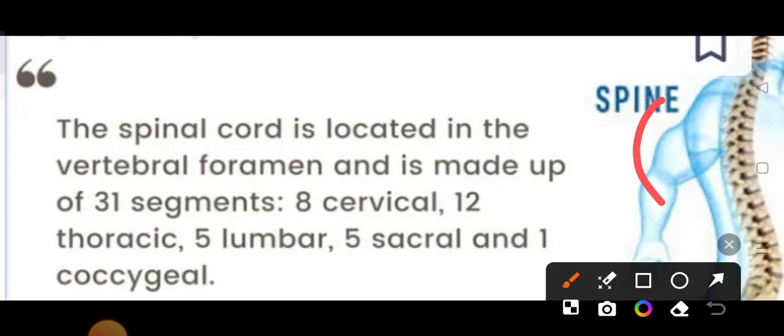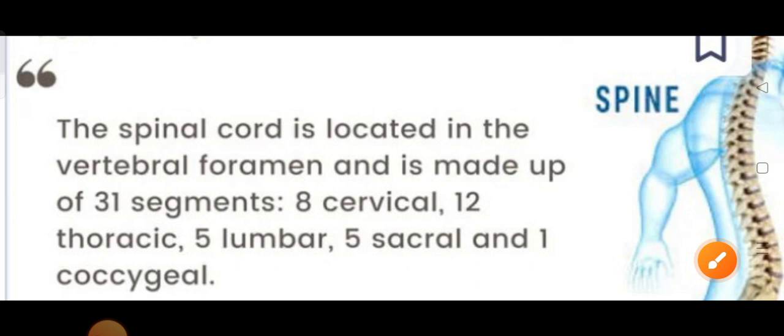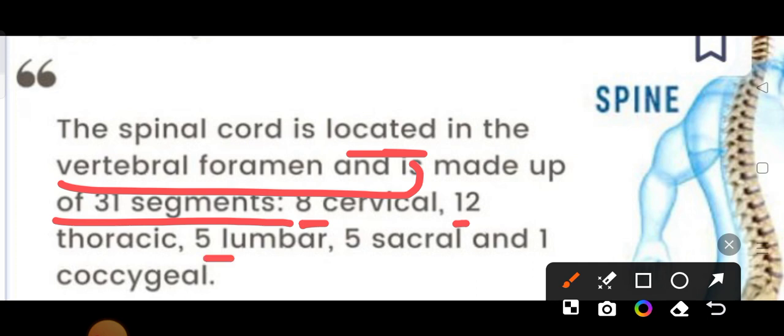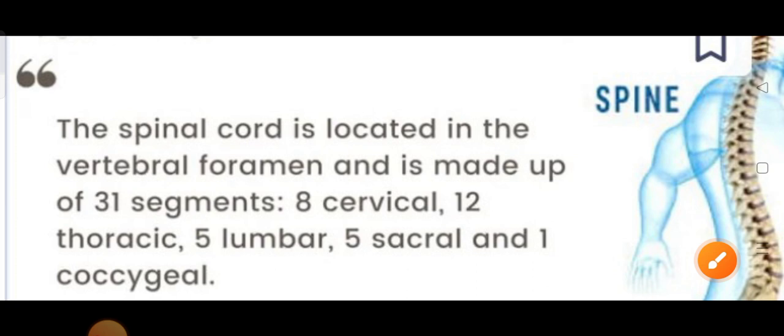The spinal cord is mainly located in the vertebral foramen and made up of 31 segments overall. These 31 segments are divided into 8 cervical, 12 thoracic, 5 lumbar, 5 sacral and 1 coccygeal.